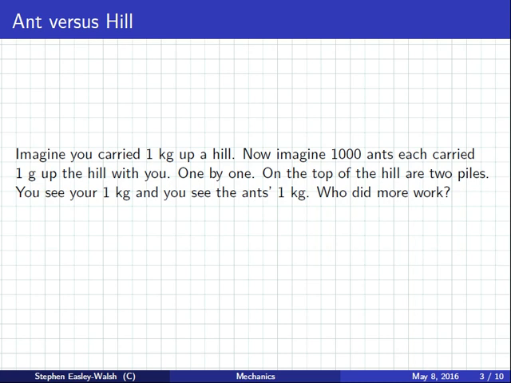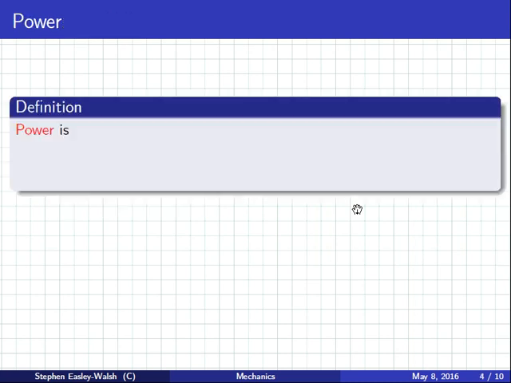So this means we need a new idea. It's not just work that we care about, we also care about time to do the work. So this gives us the idea of power. Power is the idea of how quickly the work is done. The definition of power is the rate of change of work done per unit time. So as a formula, what would it be?